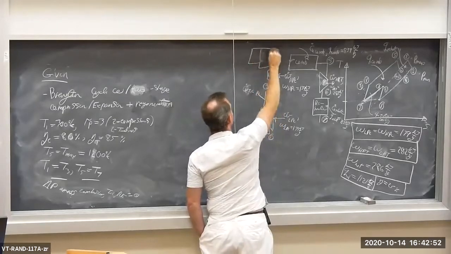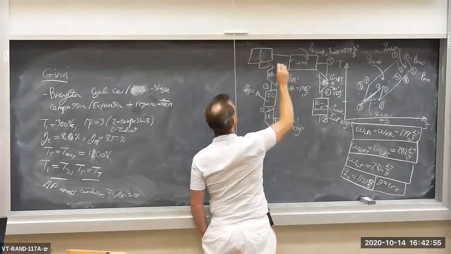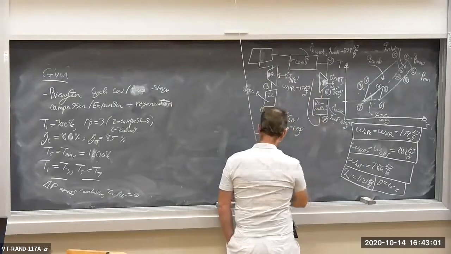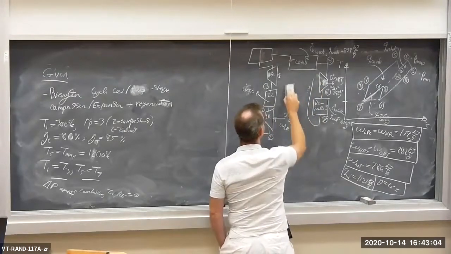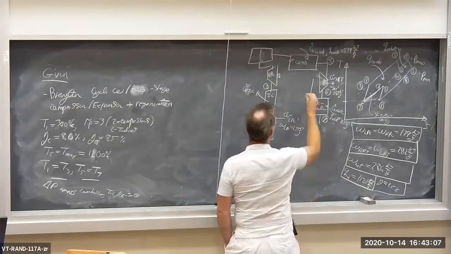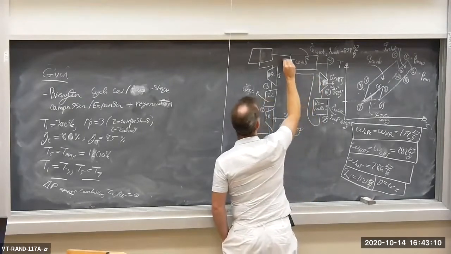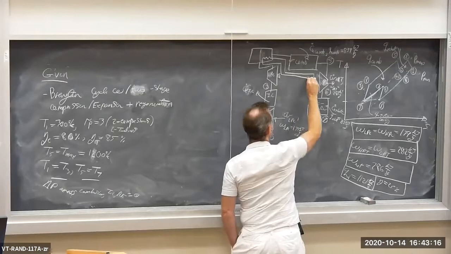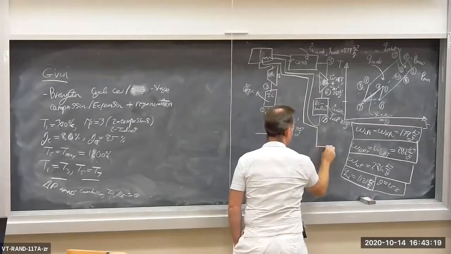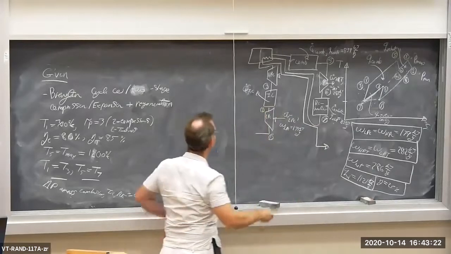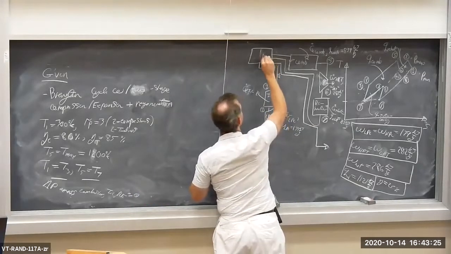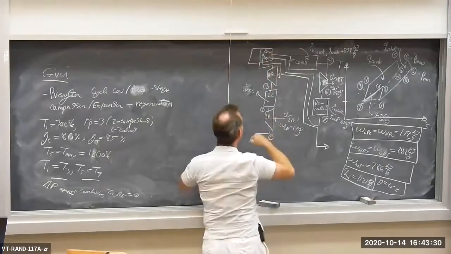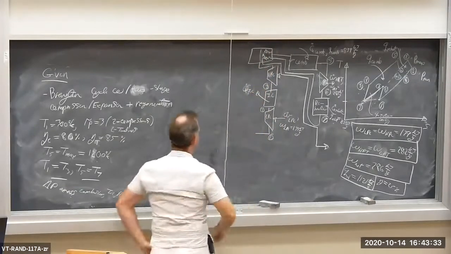Here's my regenerator, my heat exchanger, which is a regenerator. I don't need any of this anymore. I know what these are. So I'm going to send it into the regenerator. Out. Okay, so I have a regenerator. There's a certain amount of heat here, Q dot underscore regen.